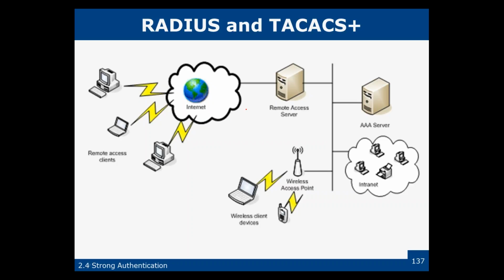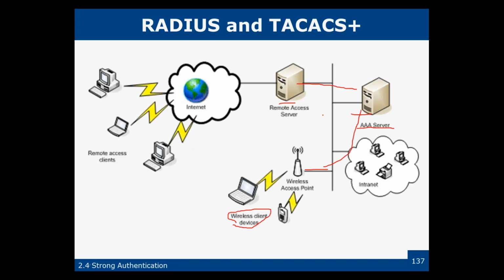Radius and TACACS are, maybe we want to say, large-scale authentication devices. It shows a remote access server and an AAA server when we do these things. Wireless client devices go in here, and this is going to be the AAA server. The AAA server is going to be either a Radius or a TACACS. What this is showing is that we have multiple devices using the same Radius server in order to authenticate users.